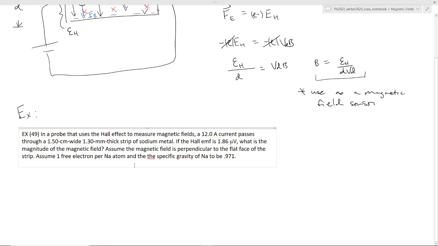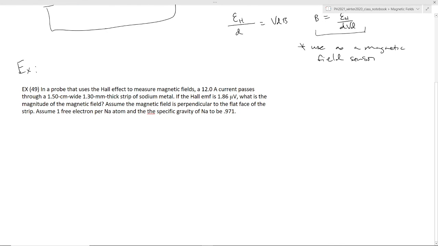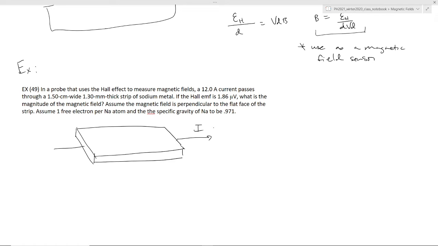A 12 amp current passes through a 1.5 centimeter wide, 1.3 millimeter thick strip of sodium. So let me try and draw this. If the Hall EMF is 1.86 microvolts, what is the magnitude of the magnetic field?